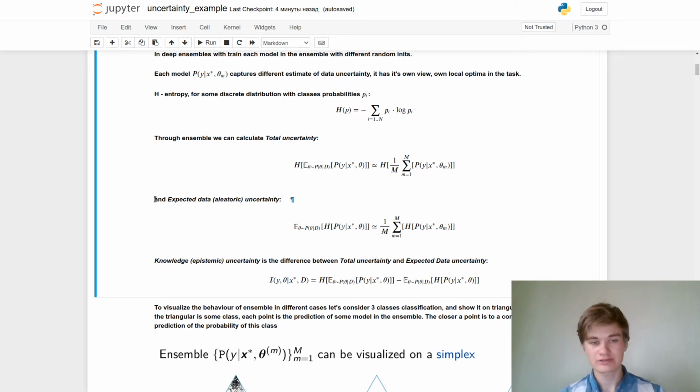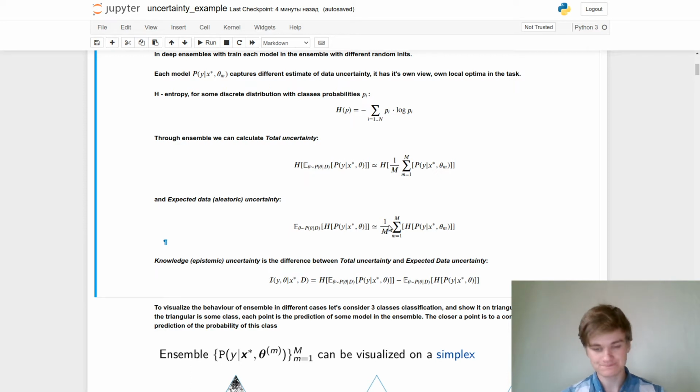Expected data or aleatoric uncertainty looks like this. This is the expectation over our ensemble, over some distribution of weights, of the entropy of each model. In classification it is also simple.